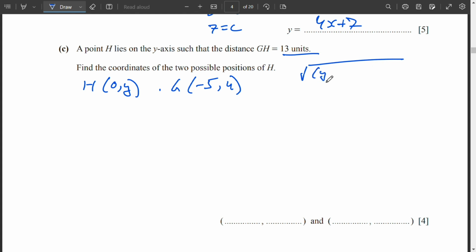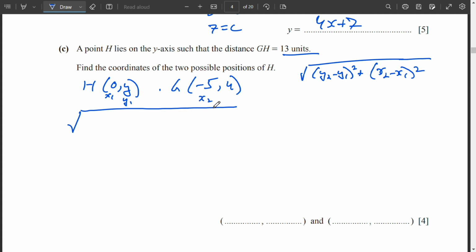So using the formula, under root of y2 minus y1 whole square plus x2 minus x1 whole square. Writing here x1, y1, x2, y2, this will be clear. First is y2 minus y1, that means 4 minus y whole square, plus x2 minus x1, minus 5 minus 0 whole square equals 13.